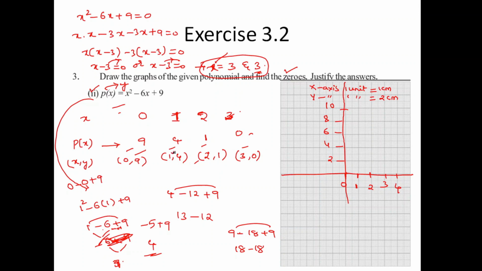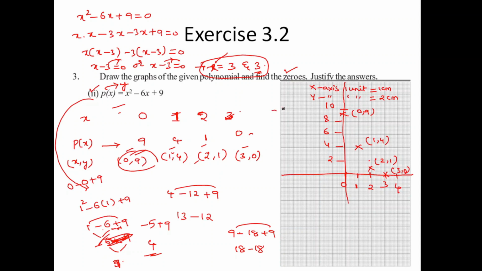Looking at the first one, 0, 9, 0 is on your x-axis, and this is your 9. This is 0, 9. Similarly, the next one, 1, 4, is over here, right? 1, 4. Next, this is 2, 1. 2, 1 is somewhere here. The next one is 3, 0. 3, 0 is here.